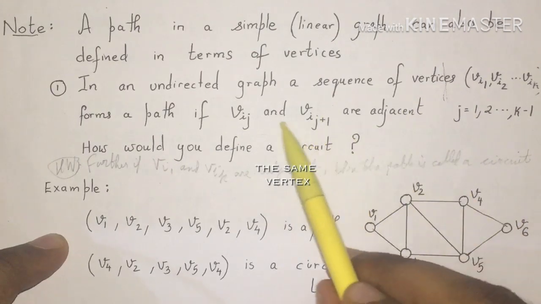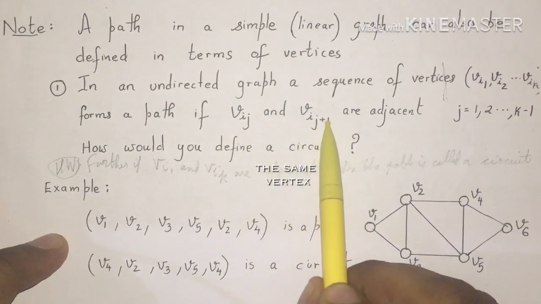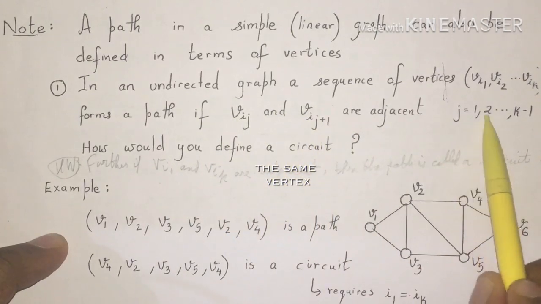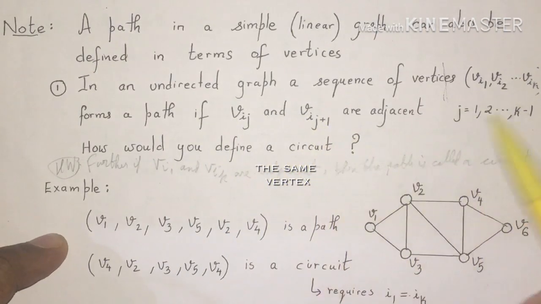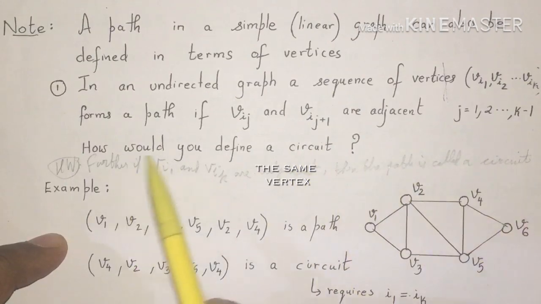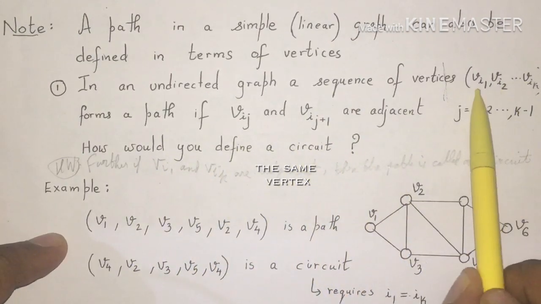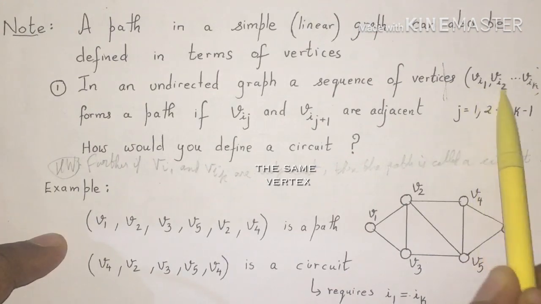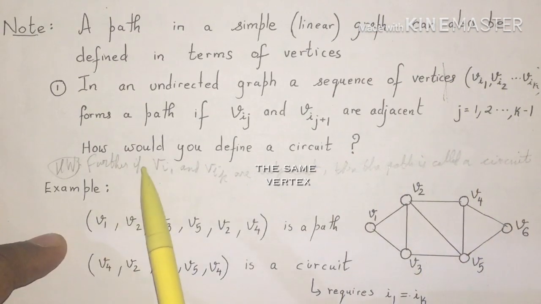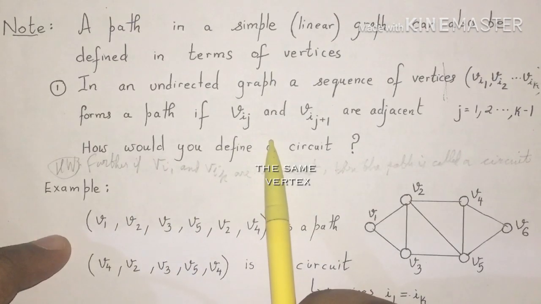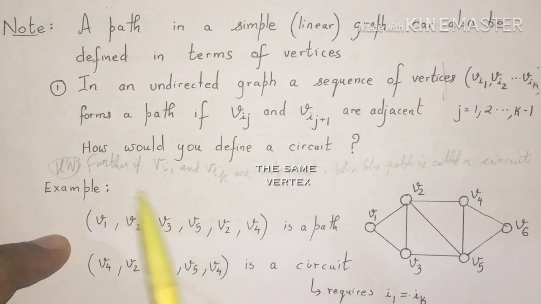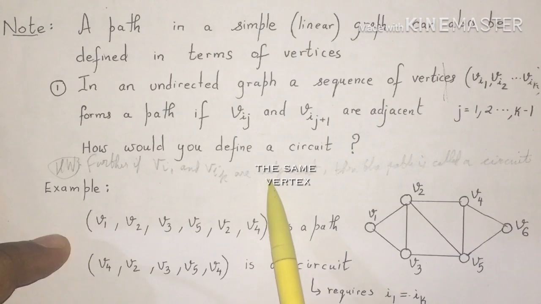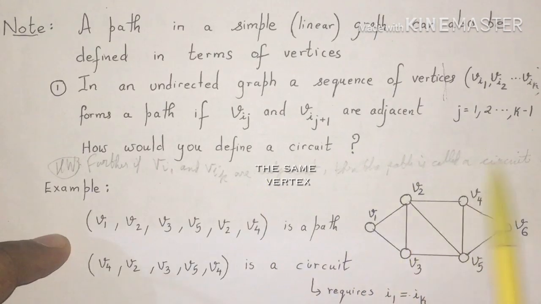So it's the same definition but in terms of vertices. j takes the values 1 up till k minus 1, same as in the previous. Basically two vertices will form an edge in the previous definition. How would you define a circuit? Further, if vi1 and vik are the same vertex, then the path is called a circuit.